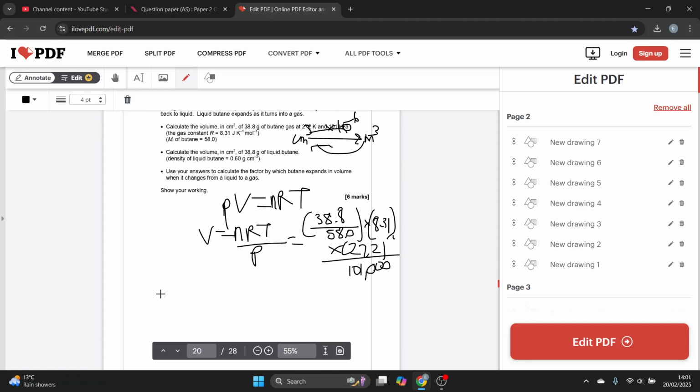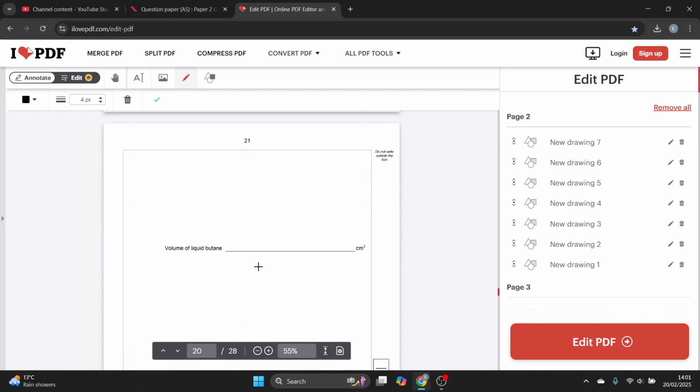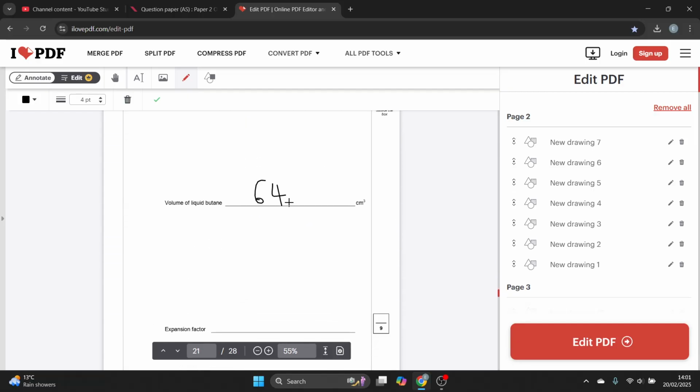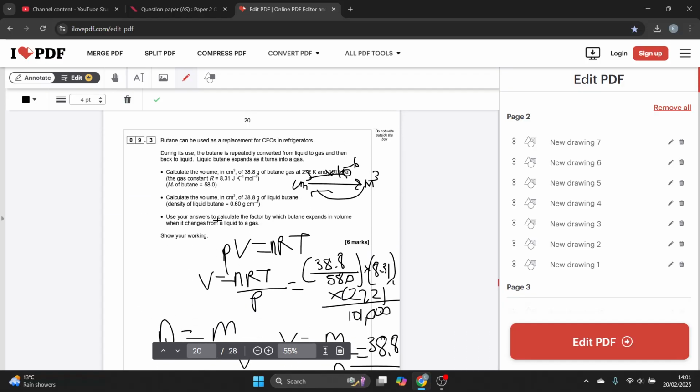I know density is mass divided by volume, so volume is mass divided by density, which is 38.8 divided by 0.60, which is 64.7 centimeters cubed.